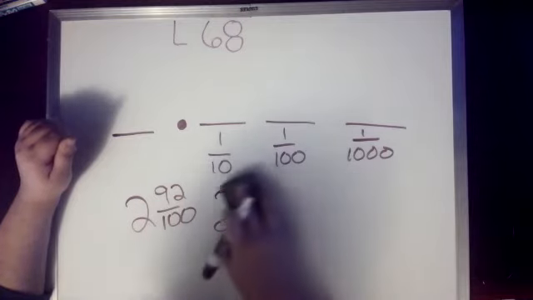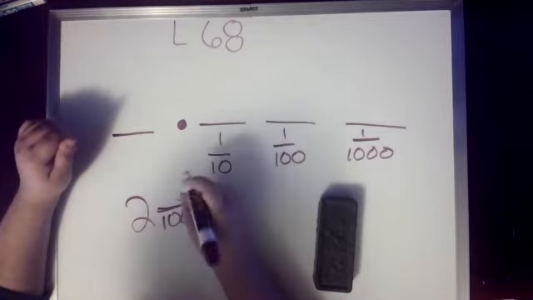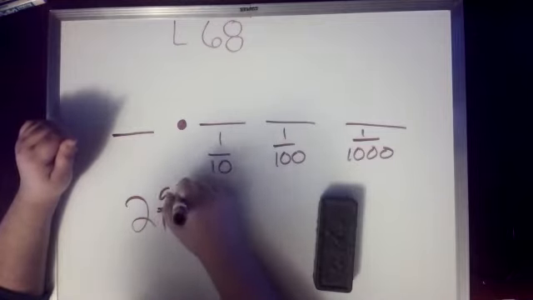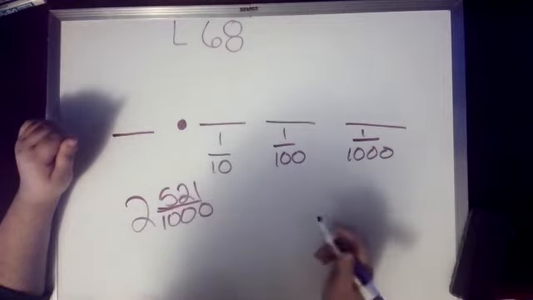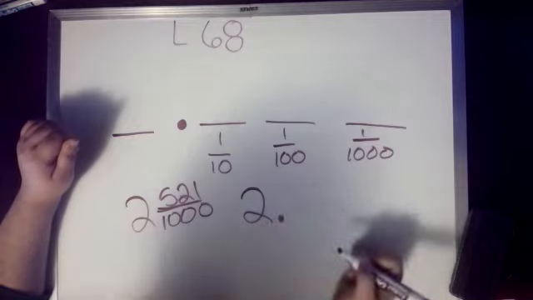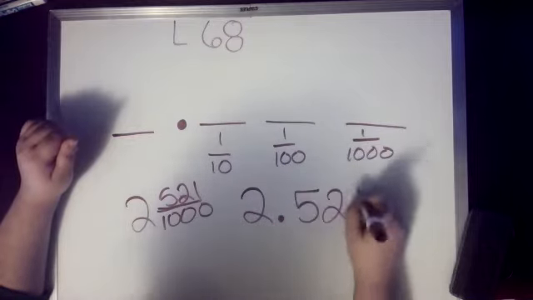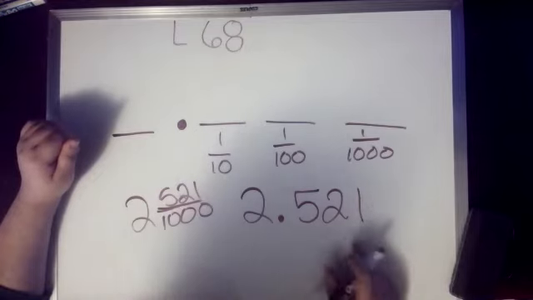We can keep going. If you had 2 and 521 thousandths, then you'd have 2 and, again, decimal, and 521 thousandths because it finishes in the thousandths column.